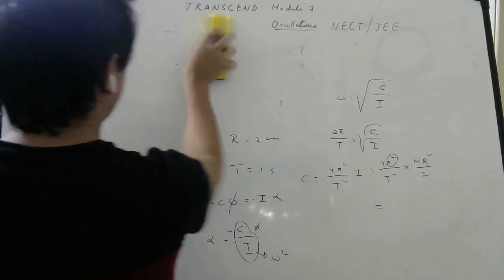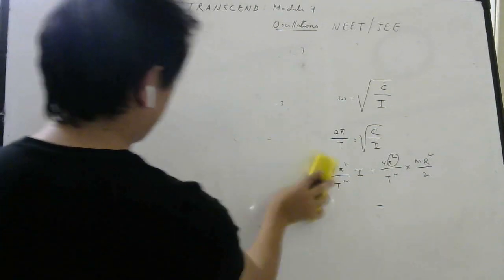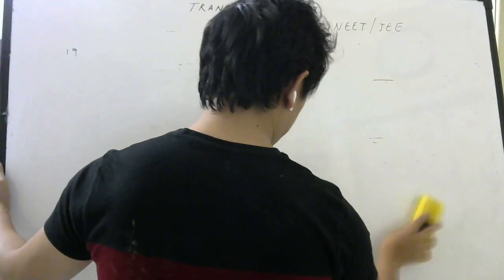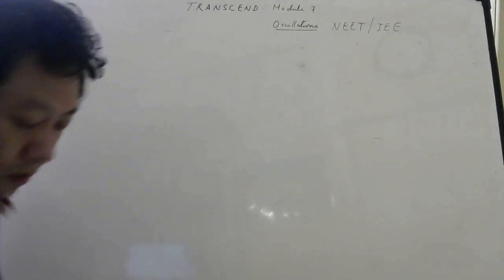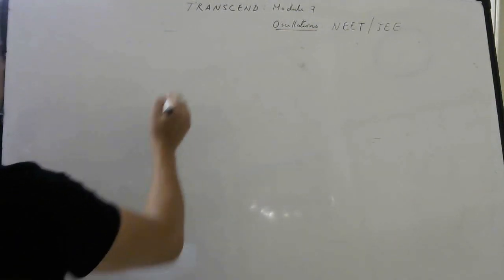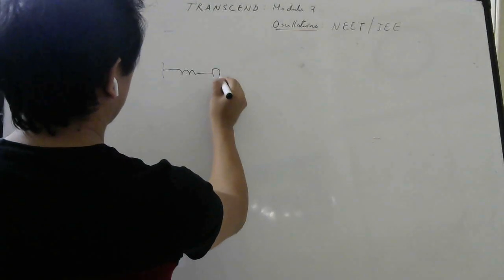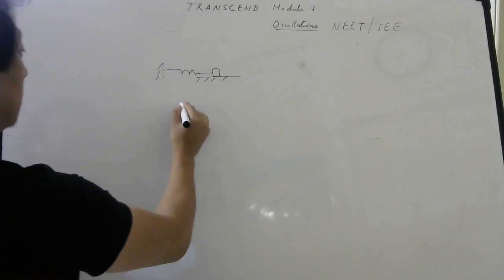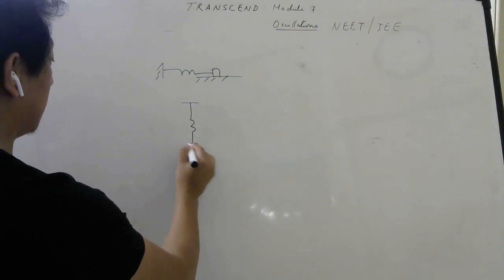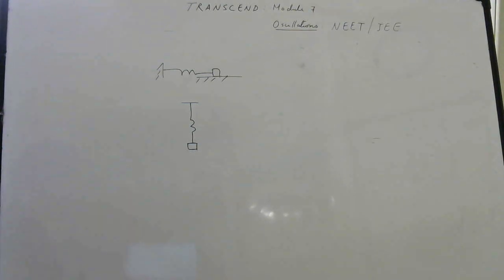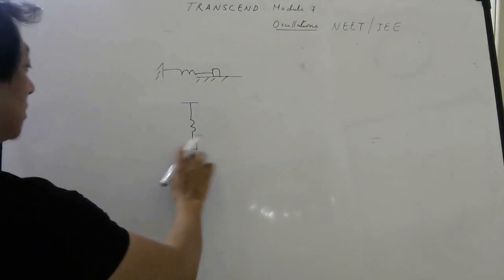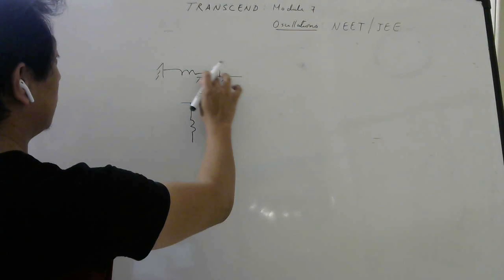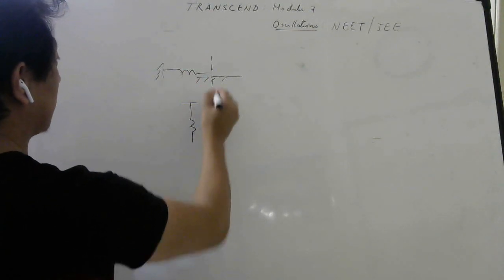So for a spring block system, you know that the time period is 2 pi root over m by k. That is true when your block is attached horizontally to a spring, and then you stretch it and leave it, and it oscillates. In fact, even when it is made to oscillate vertically, the period of oscillation remains the same. To understand that, see here, when you don't connect the block, this is the natural length.